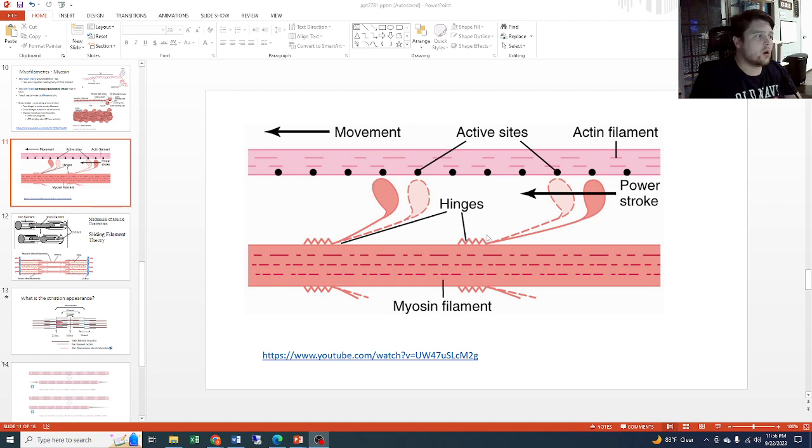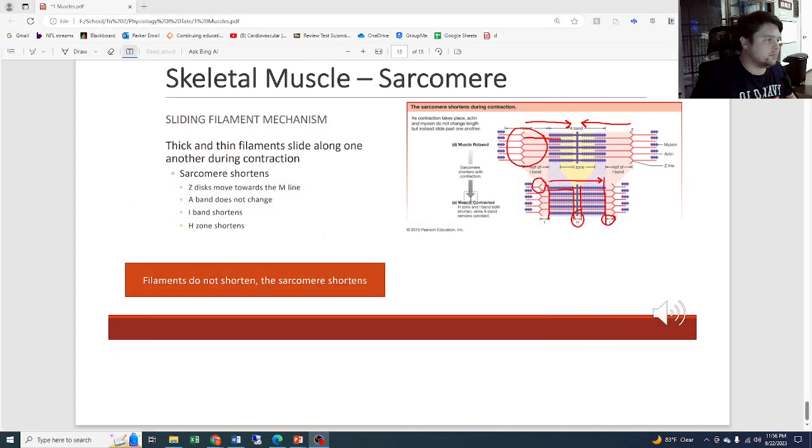And that's what the sliding filament theory is: the actin filament slides this way over the myosin. And that's why it says here that the filaments do not shorten, the sarcomere shortens.